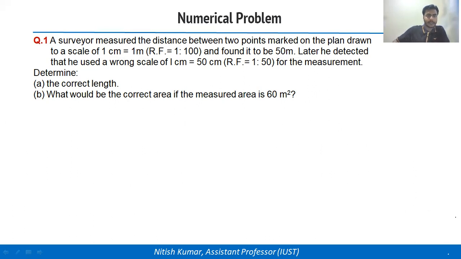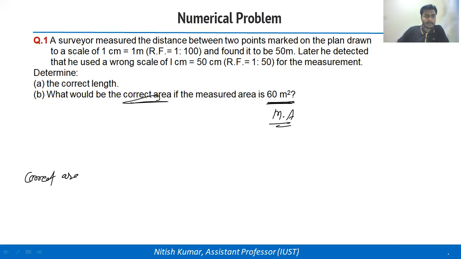Now second part: what would be the corrected area if the measured area is 60 meters square? This is measured area. Again, use the formula. Write the formula for the corrected area.